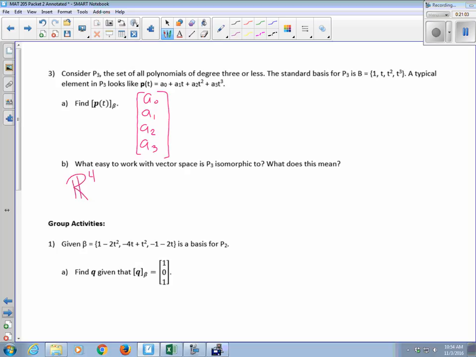So this is a really handy tool when you're asked questions about vector spaces that you don't like to work with. Just change them into vector spaces that are more intuitive, answer the question in an Rn space, and then you will translate that answer back to whatever space you were asked about.